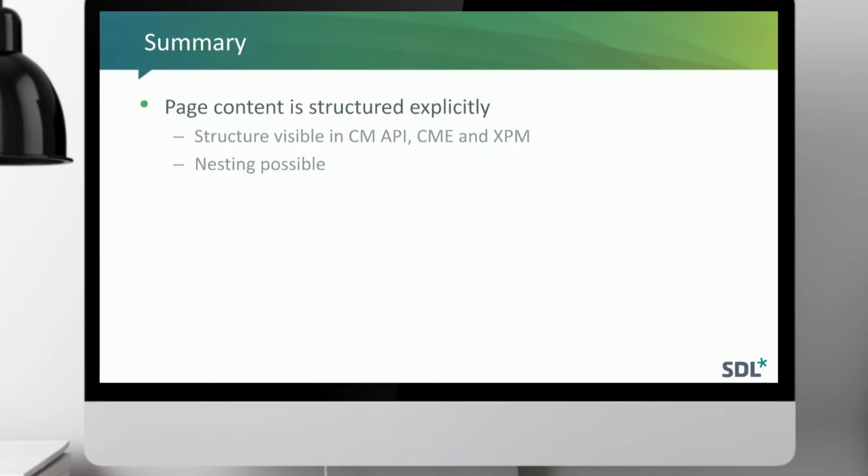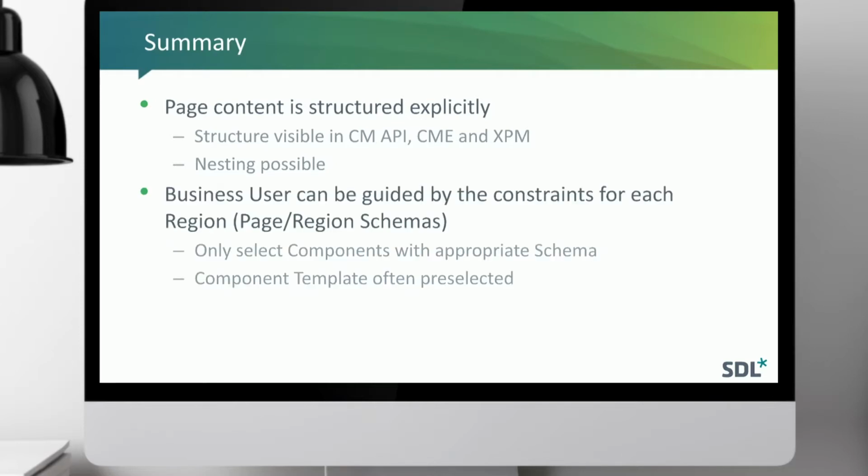So in summary, with this feature, the page content is now structured explicitly, and that is in the CM API, in the CME, and also in XPM. What I didn't show you yet, but is possible, is that the region structure doesn't have to be flat, it can even be nested, so you can really do more advanced structuring scenarios as well.